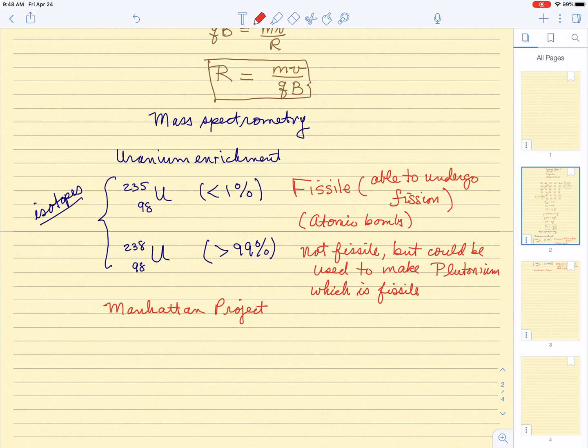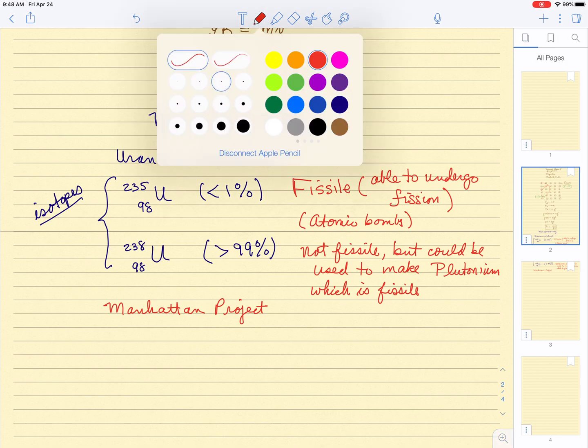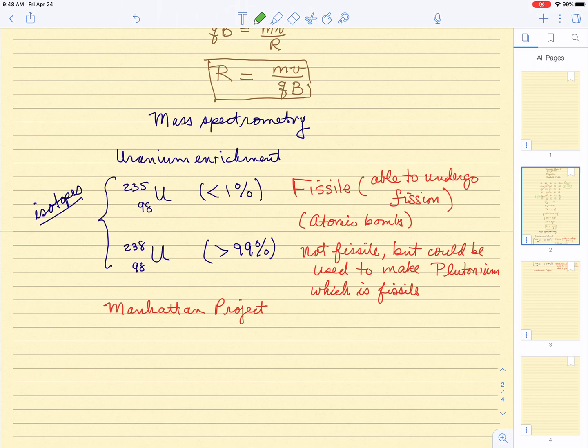But what had to be figured out was a way to enrich uranium-235.